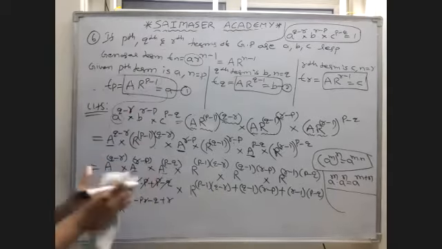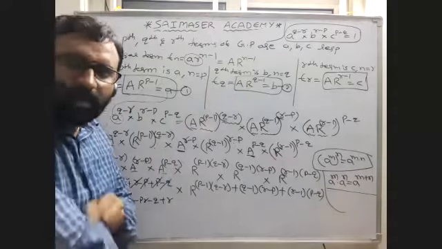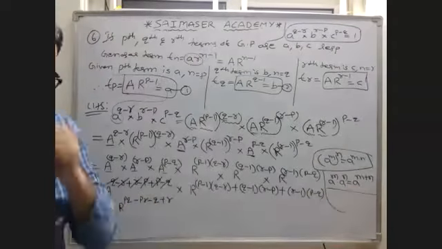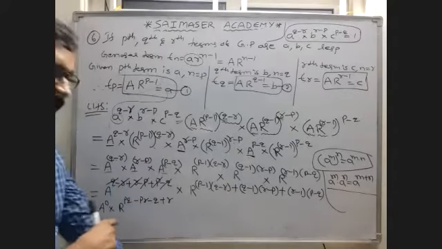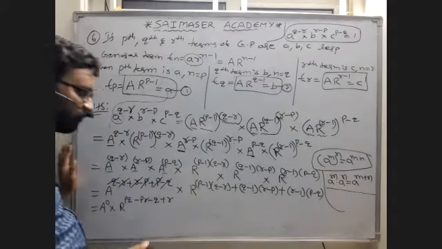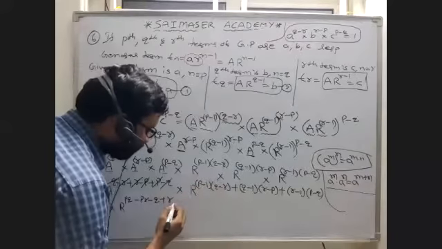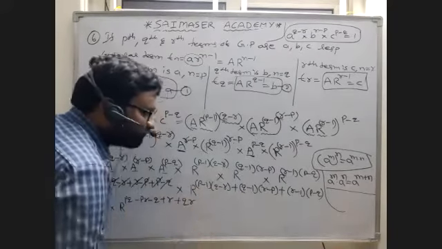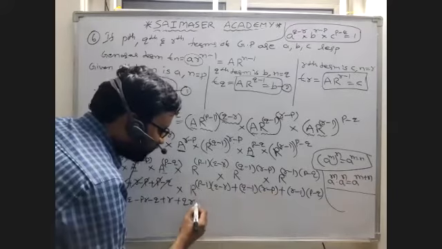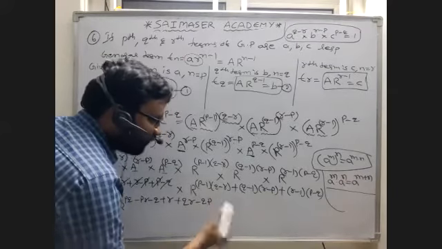Listen carefully when I am multiplying, or you can write directly 0. But I am doing it to give clarification; you can write directly 0. So this one is finished. Plus q into r, qr. Q into minus p, minus qp or pq.